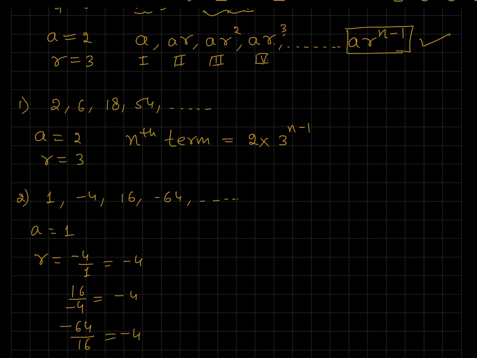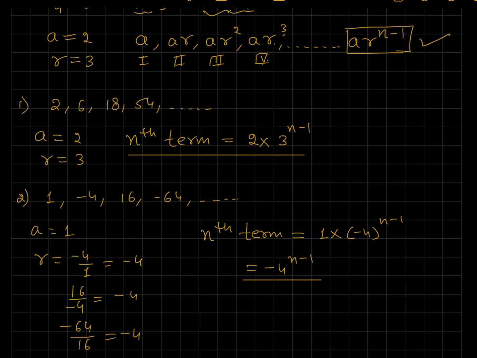So the ratio is negative 4, and r is negative 4. Our nth term would be 1 times negative 4 raised to n minus 1, or simply negative 4 raised to n minus 1, because 1 multiplied by anything is the same. Got it? This is how we get the nth term of a geometric sequence.